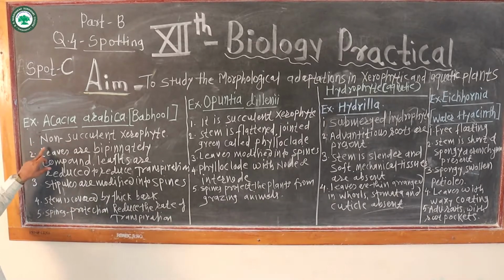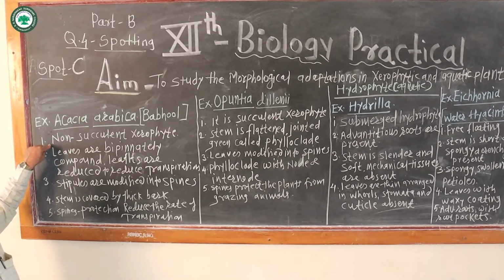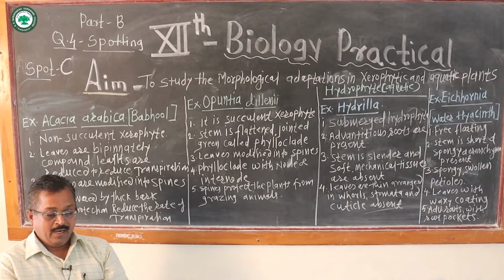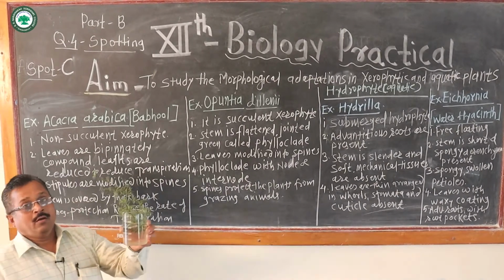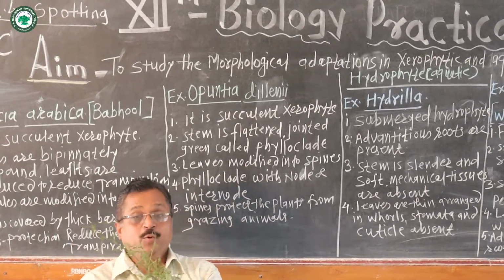It is a non-succulent xerophyte. Why is it called a non-succulent xerophyte? Because in the body of the organism there is no storage of water and it grows on barren land. It has a deep root system.